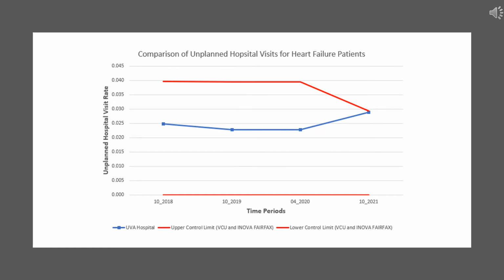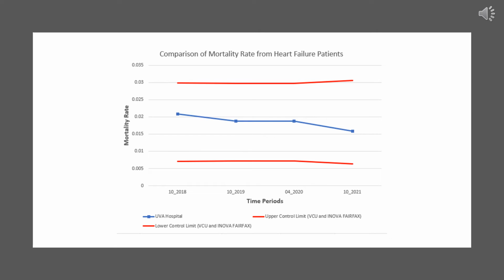And so it may look suspicious, but judging from these 4 years, it doesn't seem to be much of a red flag. But otherwise, everything seems normal for the UVA hospital. So next we see the comparison of mortality rate from patients with heart failure.